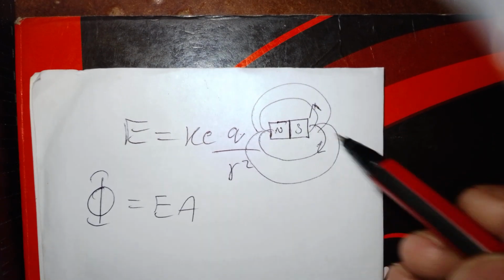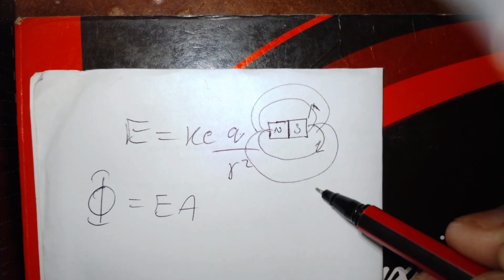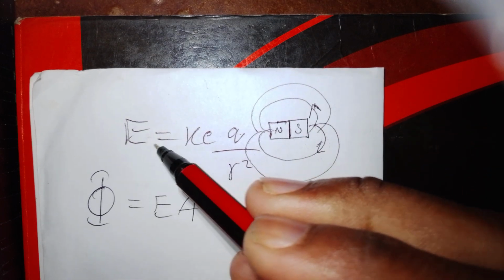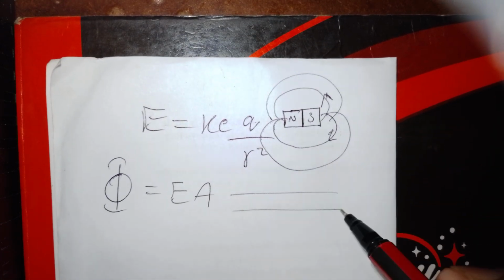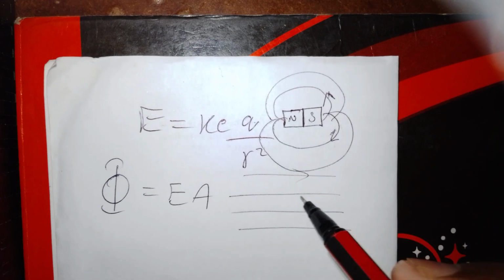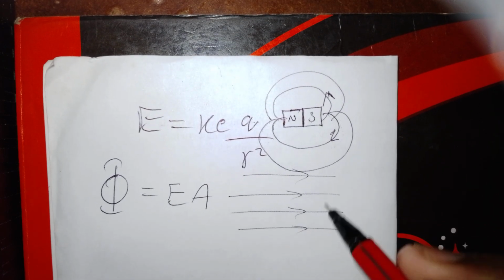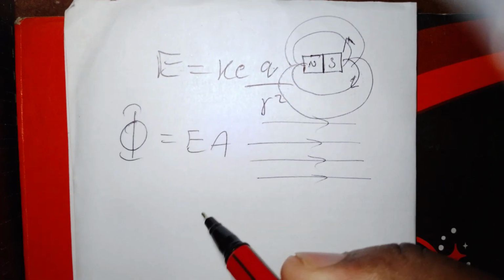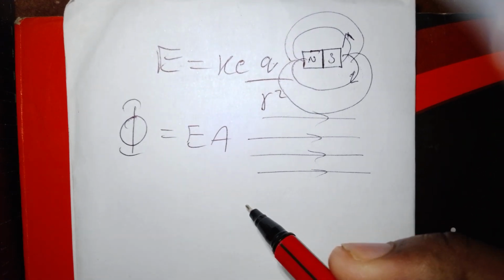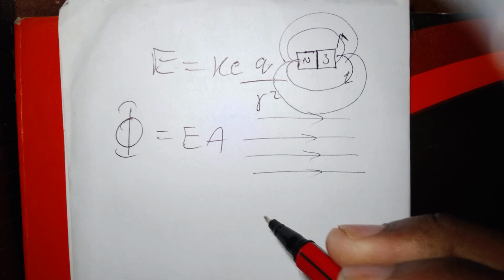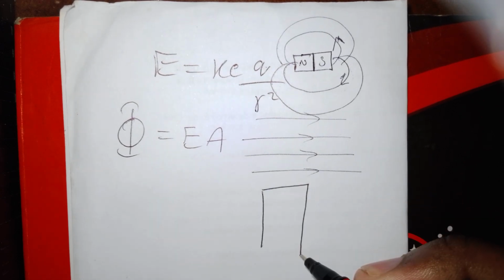The same way we've got magnetic fields, we have electric fields, and these electric fields also have lines. When these fields pass through a specific area, that is your electric flux.